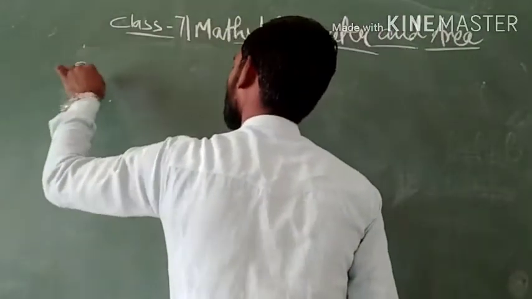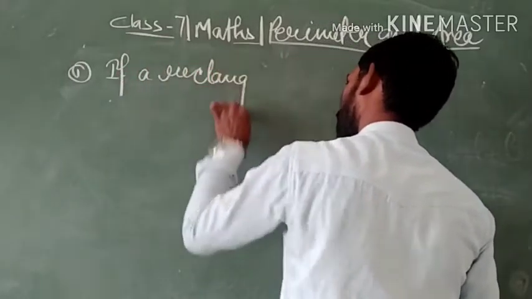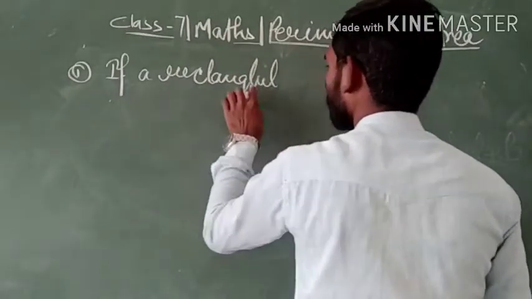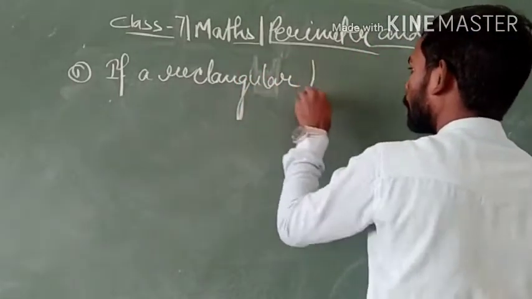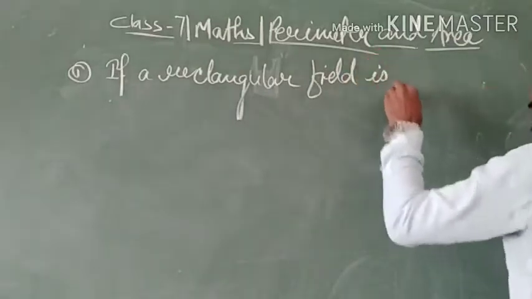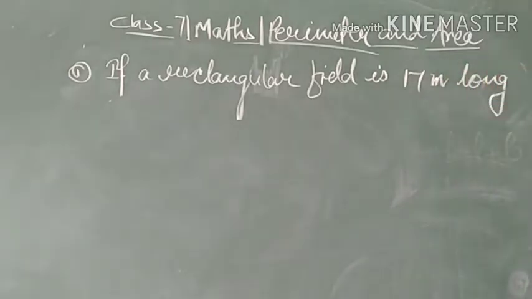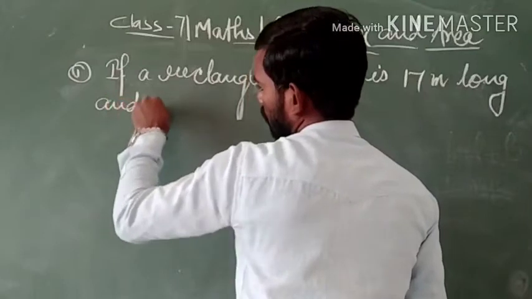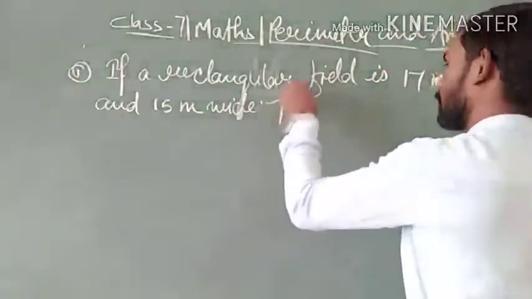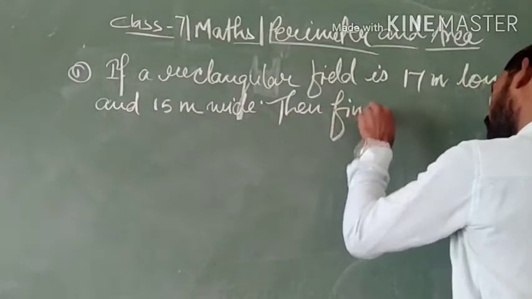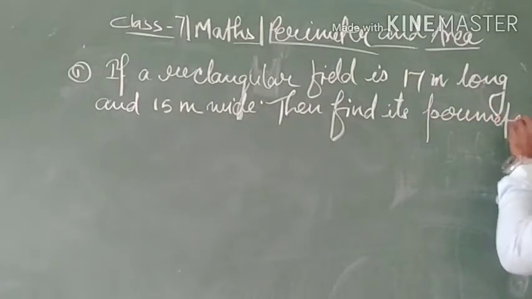The first question is, if a rectangular field is 17 meter long and 15 meter wide, then find its perimeter.